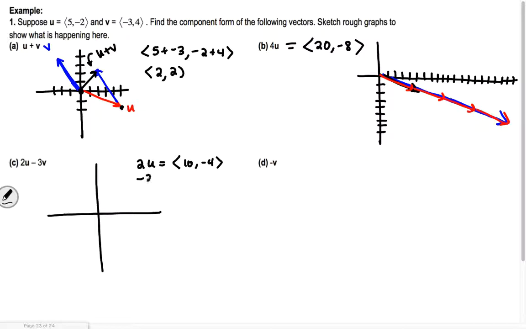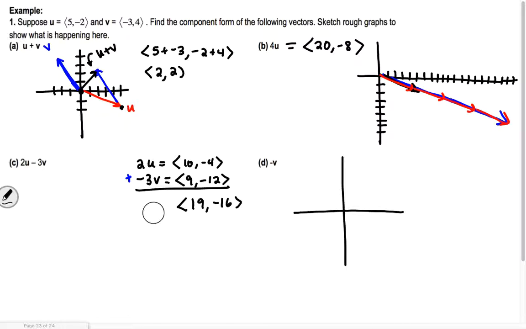And then our negative 3v was 9 comma negative 12. Basically we just add these two vectors together. So I get 19, negative 16. I won't make you draw it, we'll just say it's 19, negative 16. It's exactly what you would think it is. You distribute the 2, you distribute the negative 3, and add them together. And then negative v, we will talk about what this one looks like.